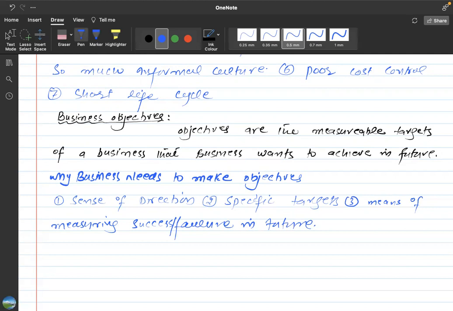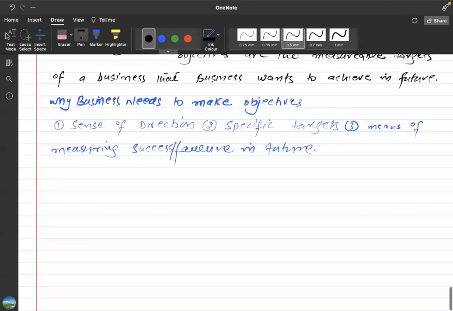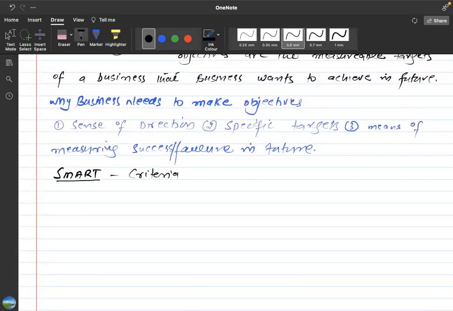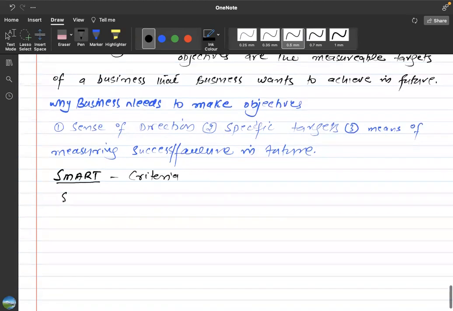We have a criteria about the objectives that is called the SMART criteria. We'll try to understand what that SMART criteria is. SMART is an abbreviation: S is for specific.